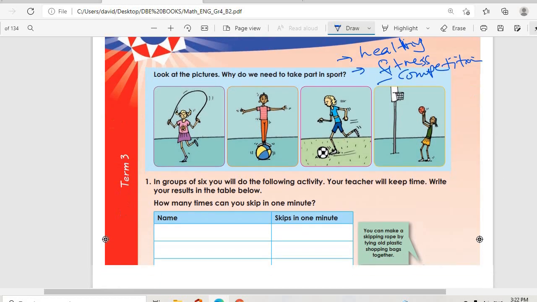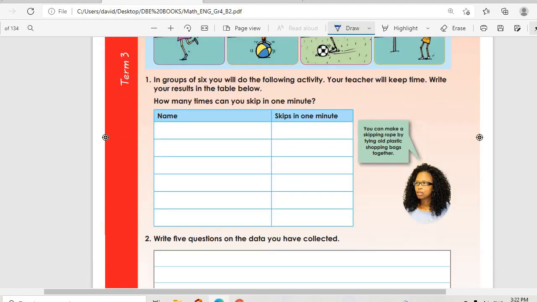In groups of 6, you do the following activity. Your teacher will keep time. Write your results in the table below. How many times can you skip in 1 minute? So you can try. Maybe if it's David, you can say I skip 50 times in a minute.